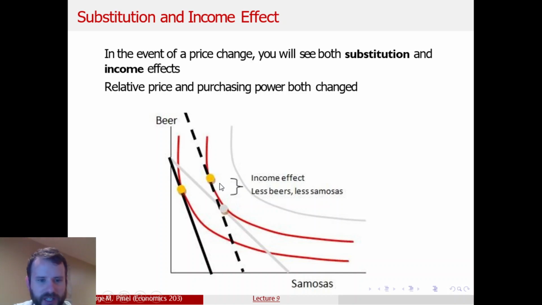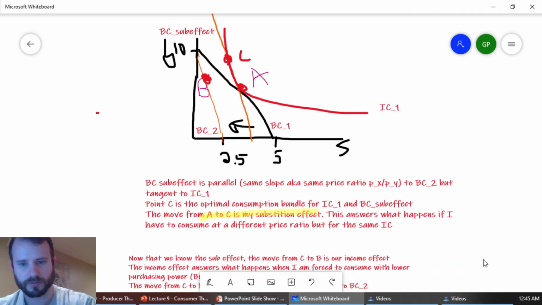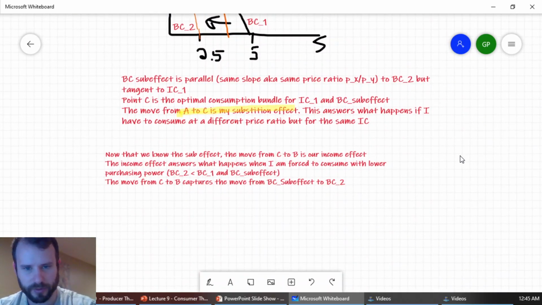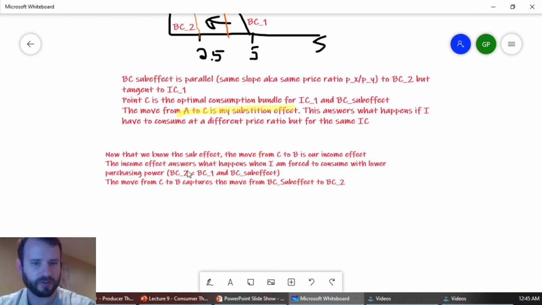So BC sub effect is like the counterfactual budget constraint you would need to stay on the same indifference curve. So if we just brought it back inwards, we're decreasing the overall relative purchasing power. Let me write this down. Or maybe I guess I did.